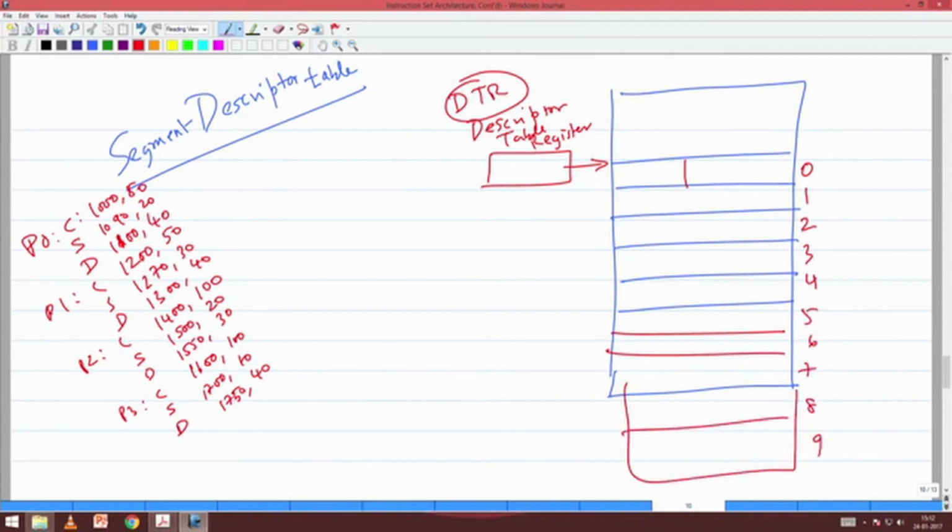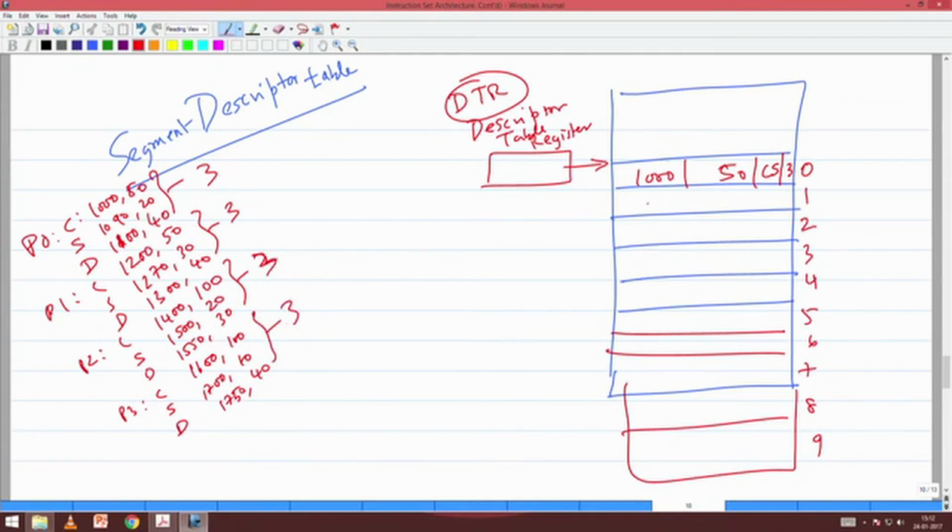When P0 came into existence, you would put 1000 here and 50 as the limit, and it will say this is a code segment, and it will give you a privilege level. This is a user process, so it will give privilege level 3; these are all user level, all 3, okay.